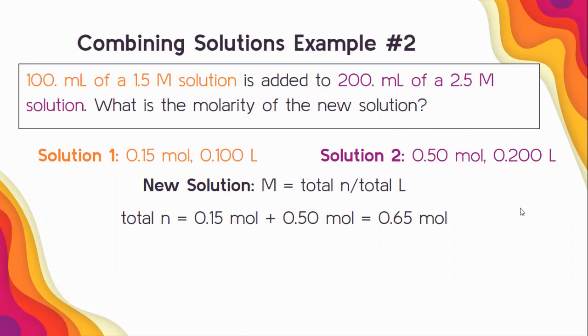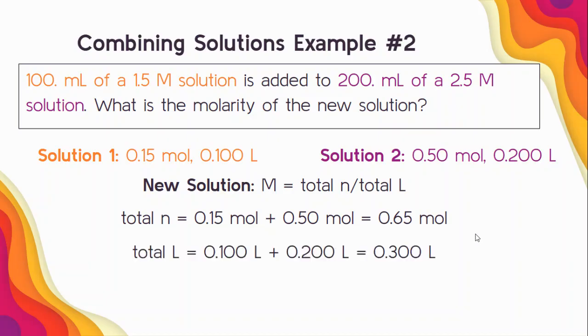So we can add the moles together, 0.15 from solution 1 plus 0.50 from solution 2. Well, since we're adding, we look at sig figs after the decimal for rounding. So this has 2 sig figs after the decimal, 2 sig figs after the decimal. So our answer should have 2 sig figs after the decimal.